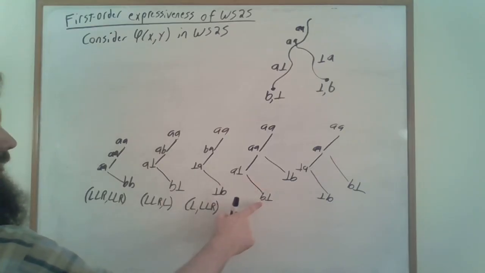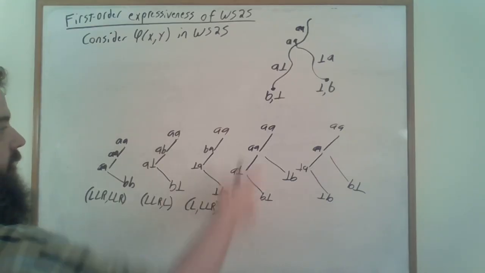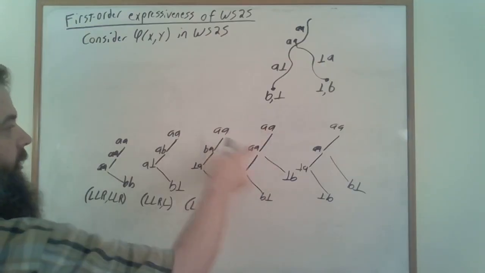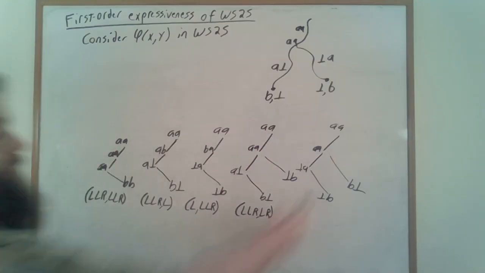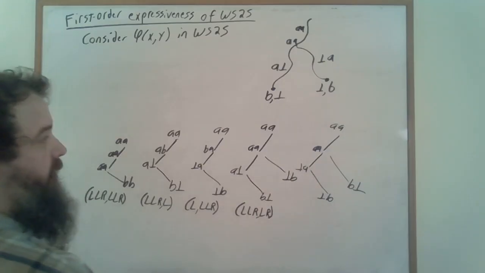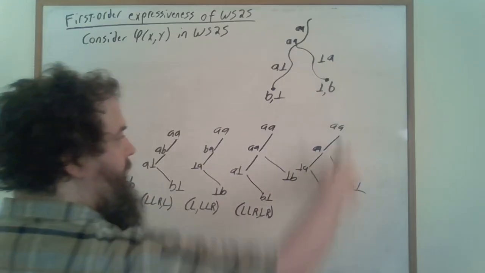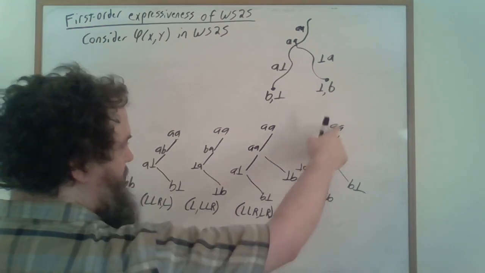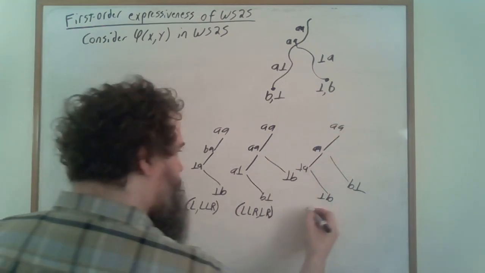For this tree here, the first b is located at LLR, and the second b is located at LR. And this tree here is just the reverse of that. The first b is located at LR, and the second b is located at LLR.